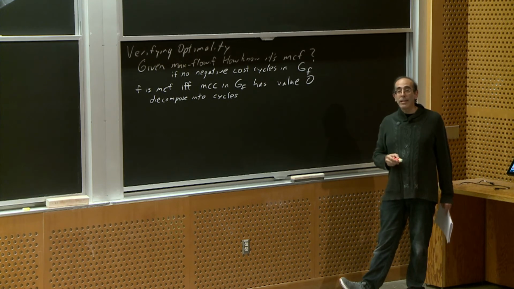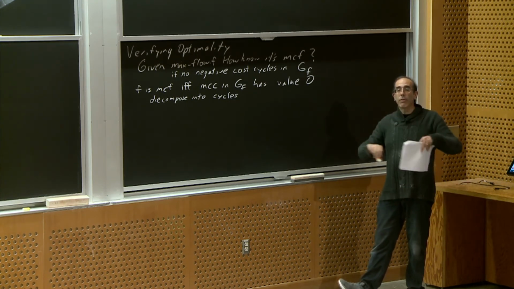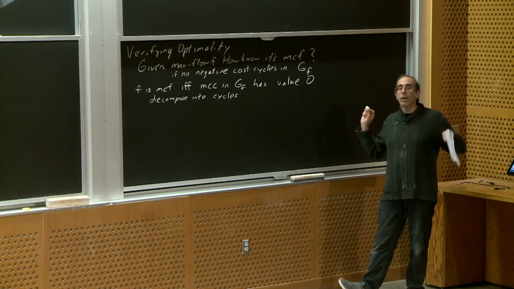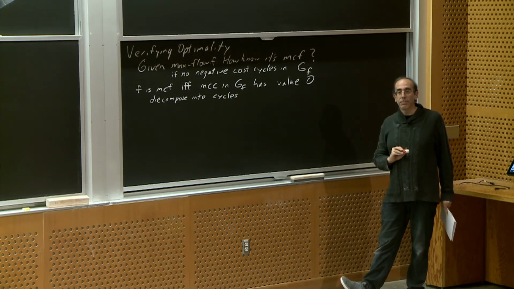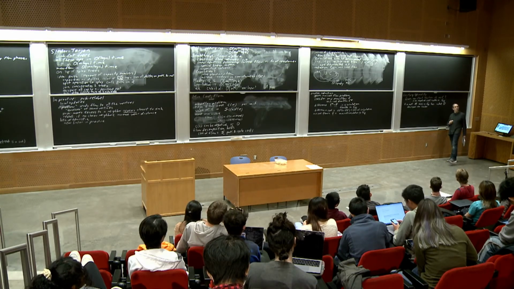If the graph is capacitated, they might not be edge disjoint, right? Because you could have two cycles that are both going through the same edge using some of the capacity of that edge. Right? But what can we say about the cost of those cycles? Yeah? None of them can be negative, or else the cost of the min cost circulation would be negative.